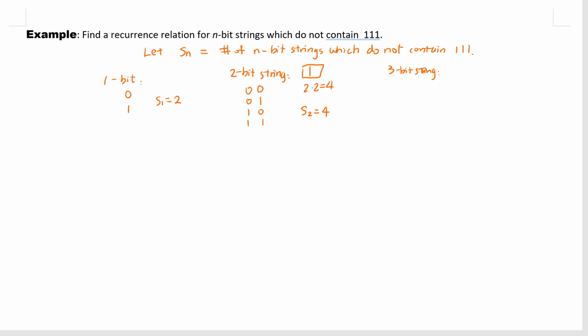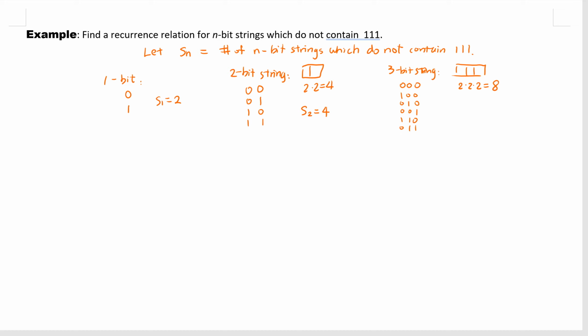So for 3-bit strings, we have 3 boxes. Each box we can fill with 0 or 1. So that's why we get 2 times 2 times 2, that's 8. And we can list them here. 000, 100, 010, 001. So those are the ones with only one 1. How about when we have 2 ones?